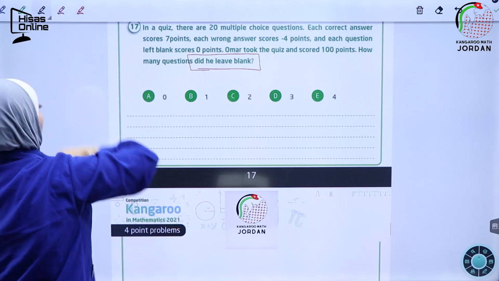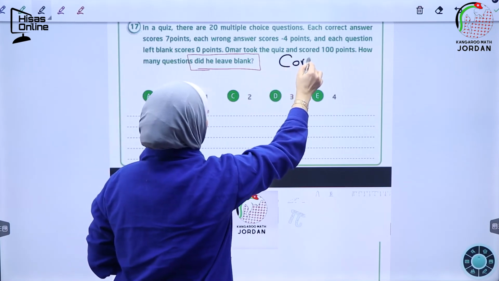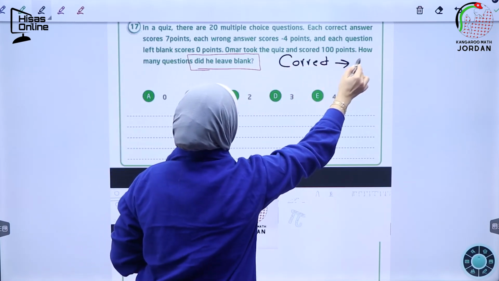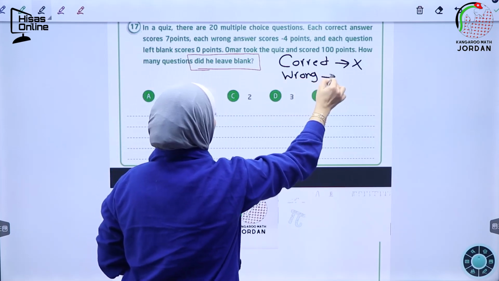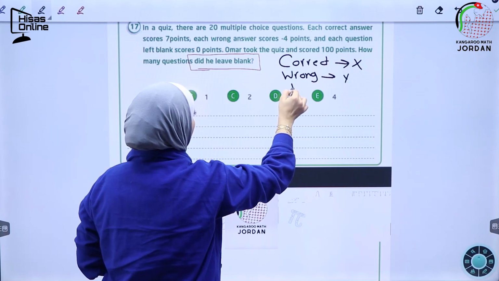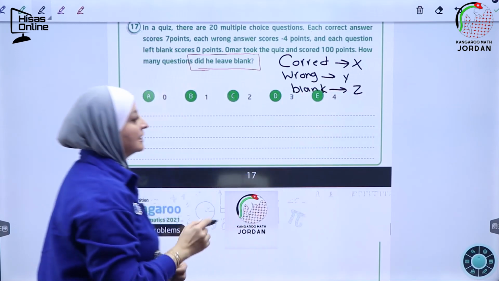Okay. Let's assume that the correct questions will be represented by x, the wrong questions by y, and the blank questions by z.